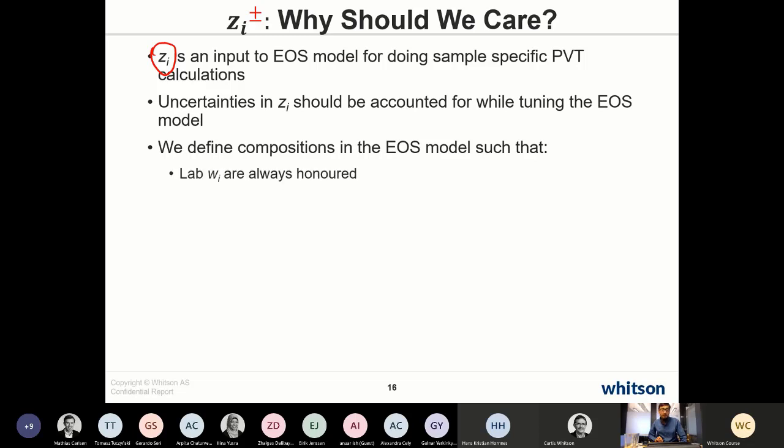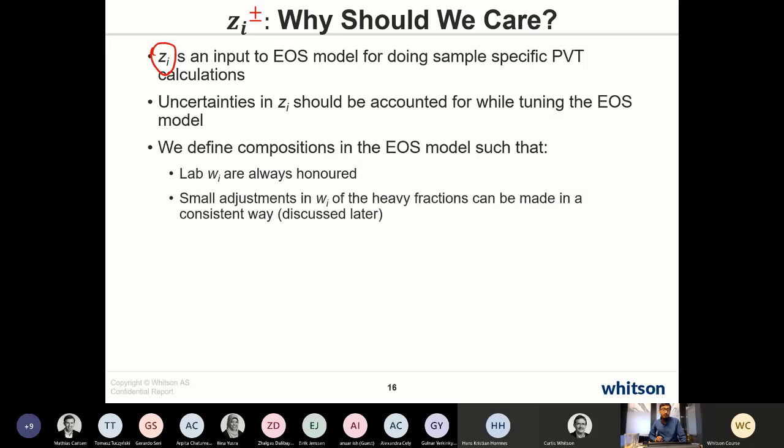So when we define the composition, we always honor the lab reported mass fraction, because we know that those are measured and not the mole fractions, especially for the flashed oils. There we have more uncertainty, and then we allow small adjustments in the mass amounts of these heavy fractions, where we have more uncertainty due to baseline shift or internal standard.